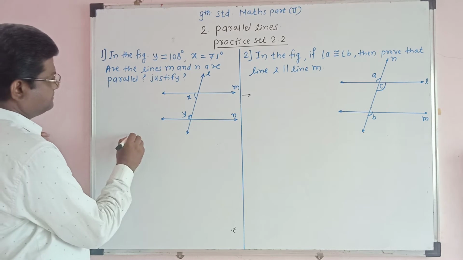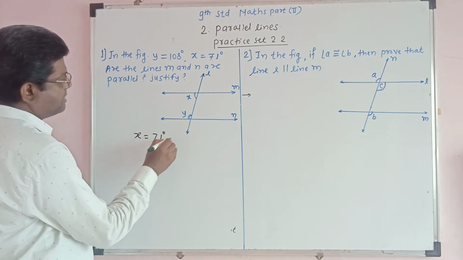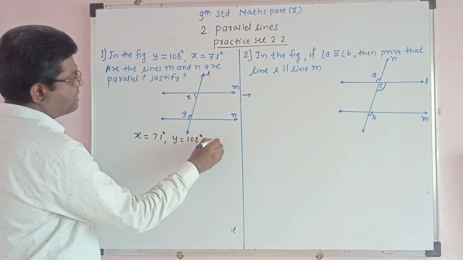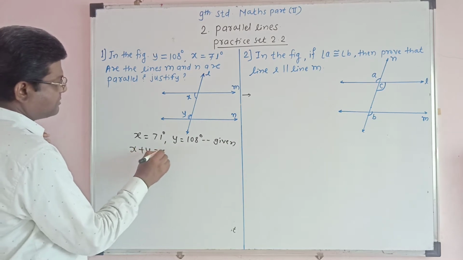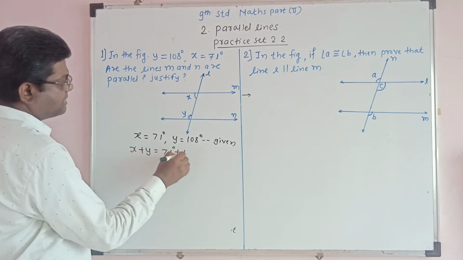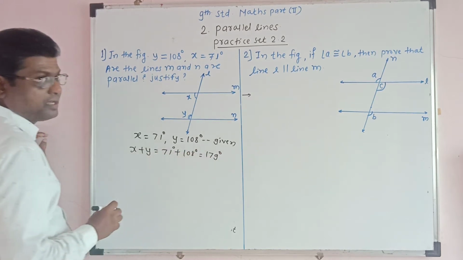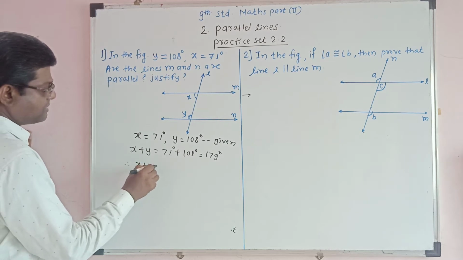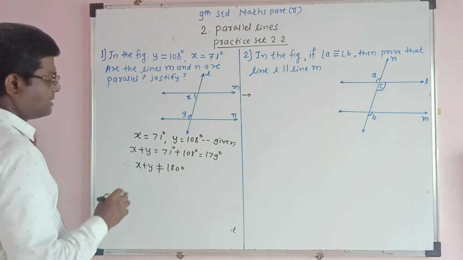So x is equal to 71 degree, y is equal to 108 degree, it is given. Now x plus y is equal to 71 degree plus 108 degree is equal to 179 degree. It is not equal to 180 degree. Therefore x plus y is not equal to 180 degree.